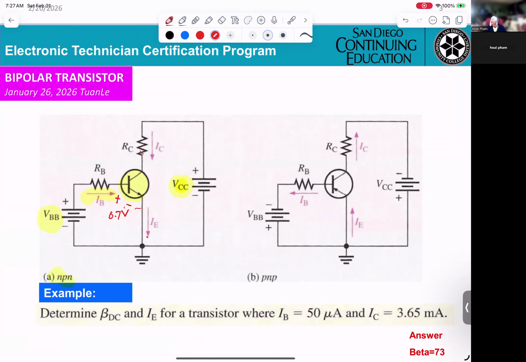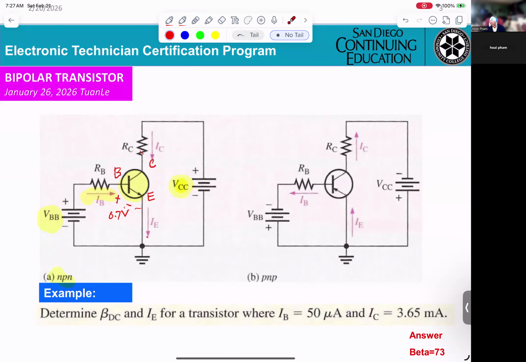If the VB, okay, you know that will be the base, collector, emitter at meter. If voltage VB here is higher than 0.7, then the transistor will be on.